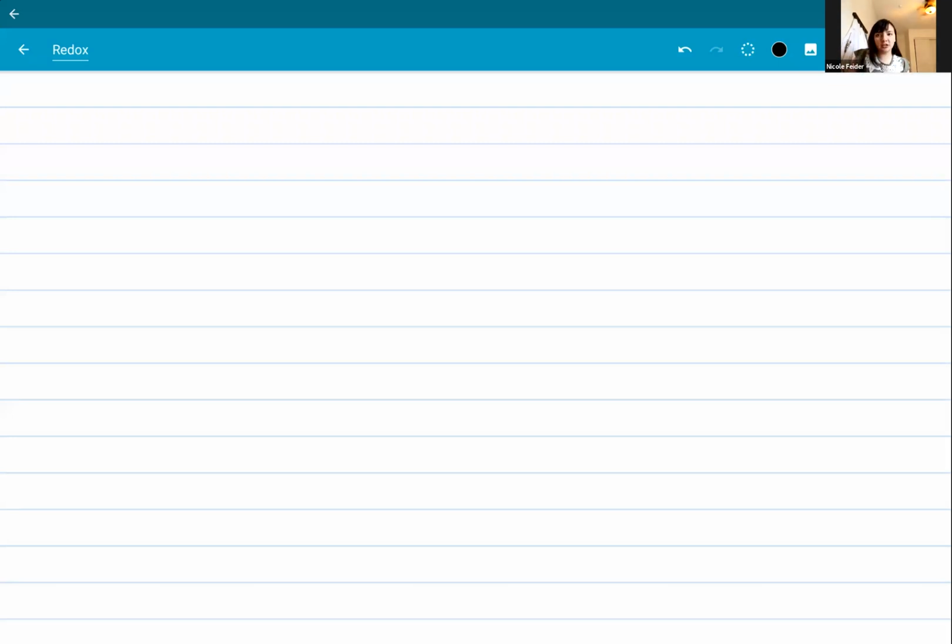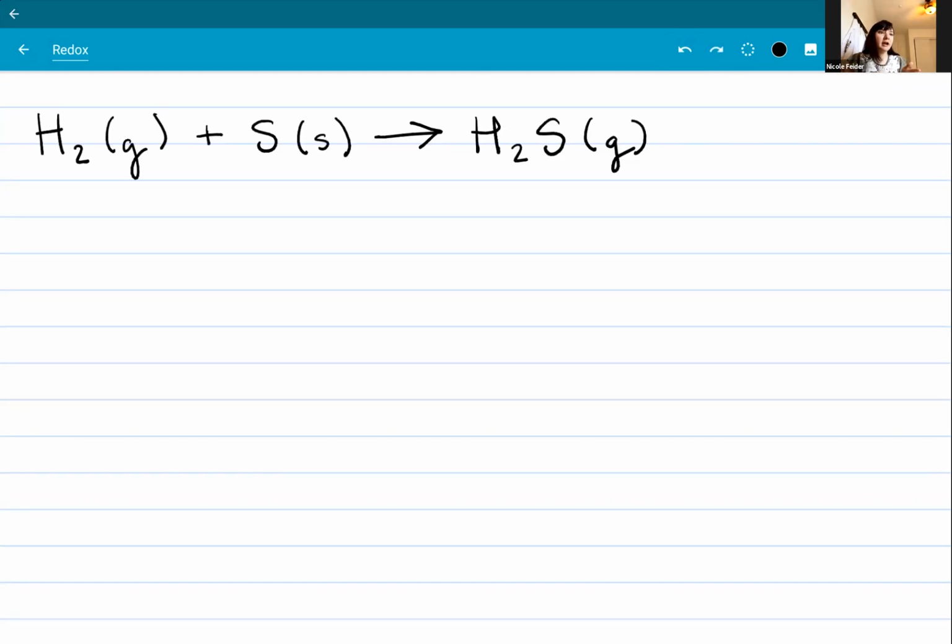Oxidation reduction reactions, or redox, involve the movement of electrons. An example of a redox reaction is hydrogen gas reacting with elemental sulfur to form hydrogen sulfide gas. It helps here to have the Lewis dot structure of each of the chemicals drawn so we can see where the electrons are. In this reaction, electrons move away from the hydrogen atoms and towards the sulfur to form the final product.